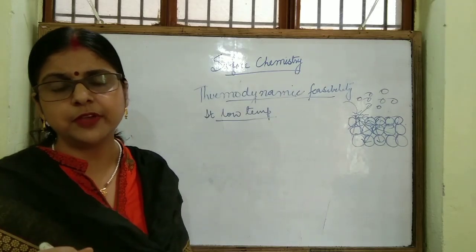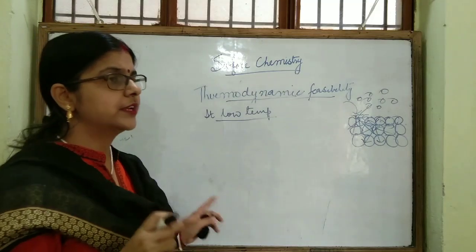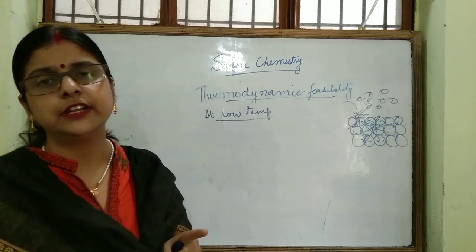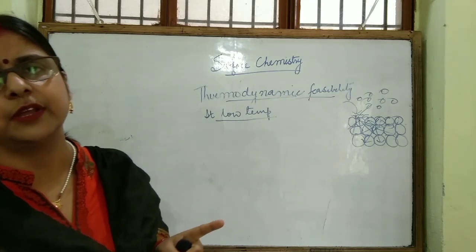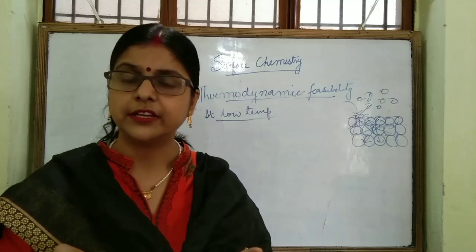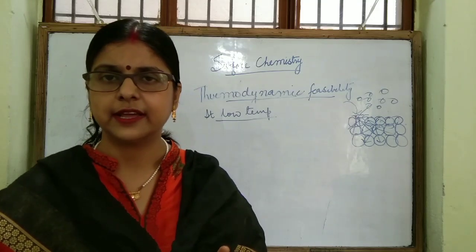Delta S will also be negative. So if both are negative, the reaction will be feasible whenever the temperature is low, because the reaction will be feasible when the magnitude of delta H is more than the magnitude of T delta S.